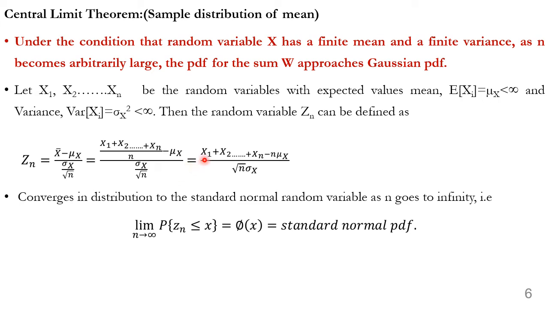That is equal to (x1 plus x2 up to xn minus n into mu x) divided by (root n sigma x). The standard random variable converges as n goes to infinity, that is, limit n tending to infinity, probability of Zn less than or equal to x is equal to phi of x, that is equal to the standard normal CDF.